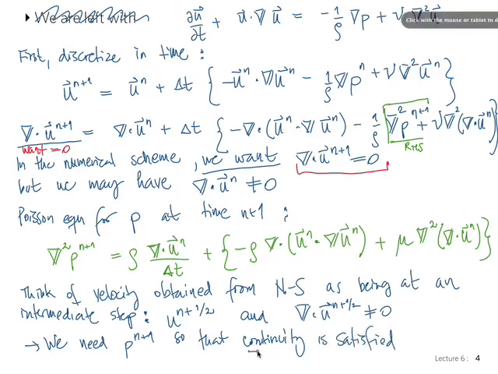Which is exactly what I'm saying here. We solve for P n plus 1 so that continuity is satisfied. Everybody agree with that? So, this is why we do steps number 9 and steps number 10.